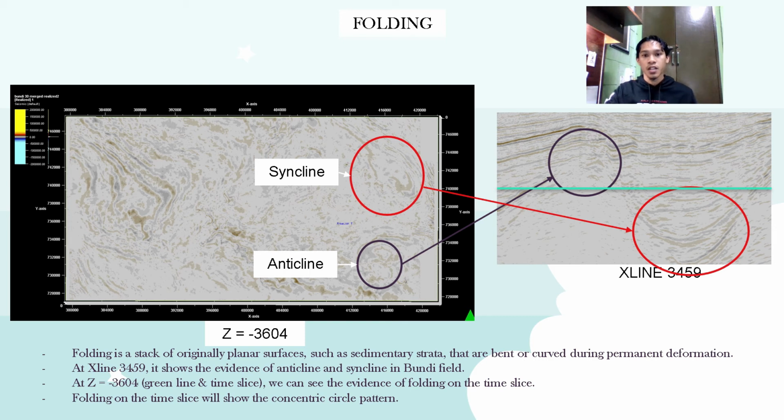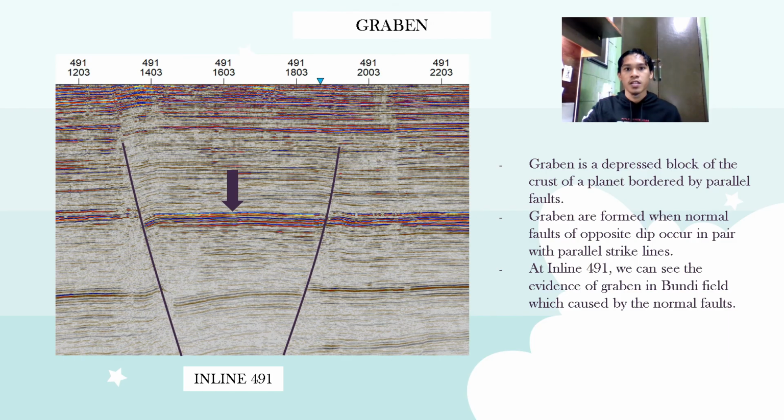When we look at the time slice of the structure, we can see the syncline or anticline has a concentric circle pattern. That shows that there is the presence of folding at the syncline or anticline. Next, there is graben.